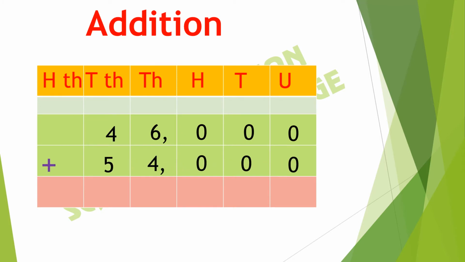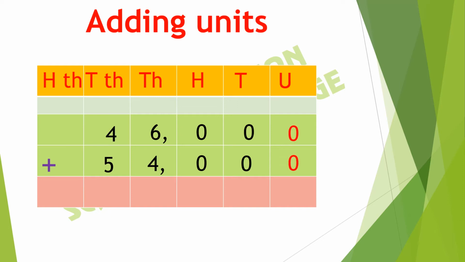We use this symbol to show the addition. First of all, we will add units. In the units column there is 0. To 0 we have to add 0. If we add 0 to 0, what does it come? Yes? It comes 0. After the addition of units, we will move towards the tens.